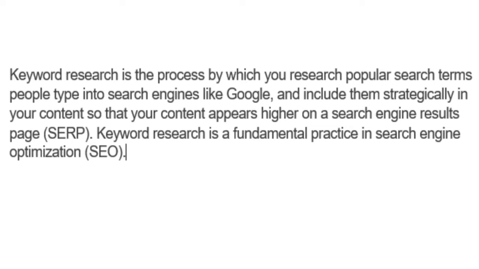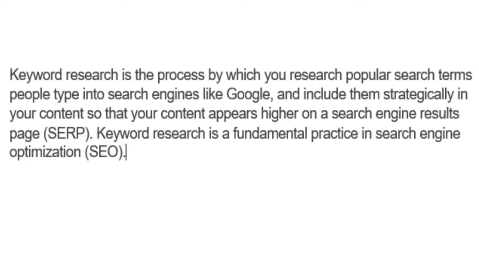Keyword research is a process by which you research some keywords, might be popular, might not be popular, and put them strategically on your site to get traffic from search engines such as Google and Bing and all the rest. Keyword research helps you rank your article on search engines. It's part of search engine optimization, that is SEO, that professionals do.